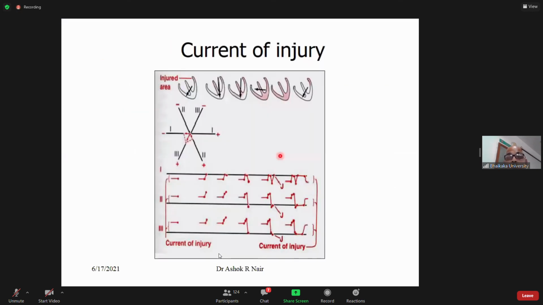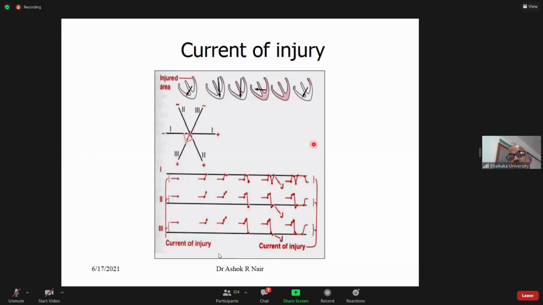This figure is from Guyton. Suppose there is a region which is injured. Because of this injured region, there is a negative end. The whole region is repolarized, and you have a current of injury flowing in this direction.